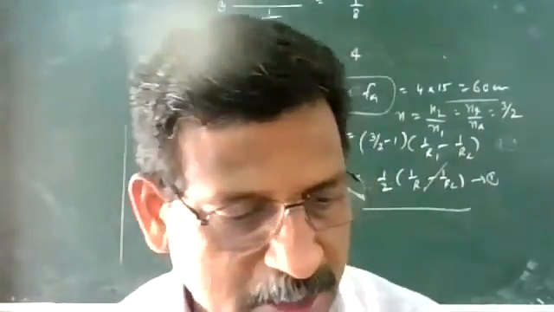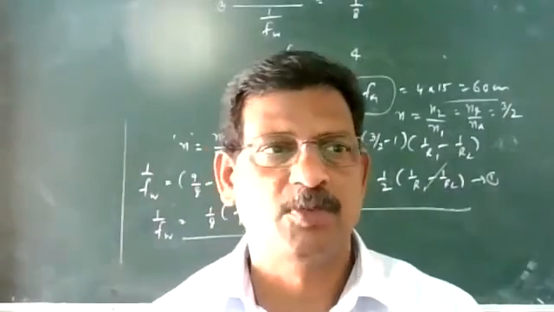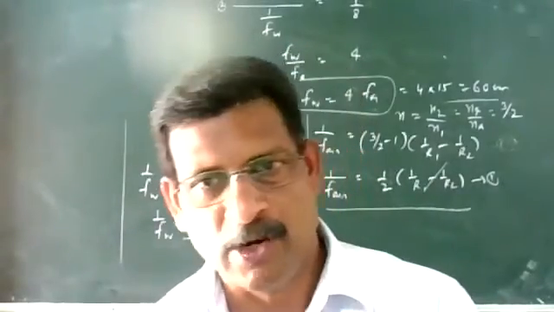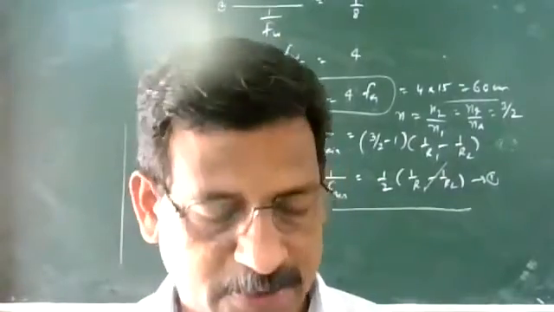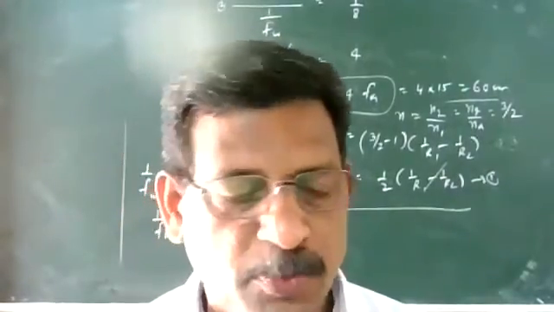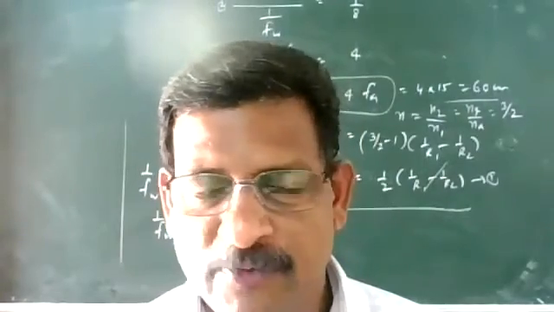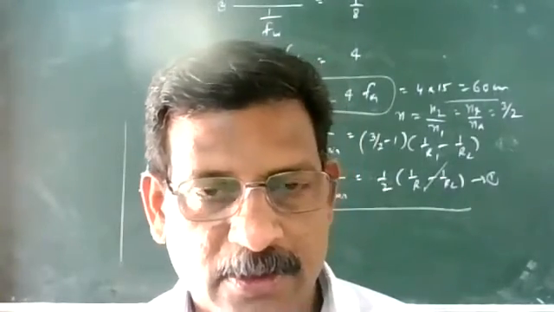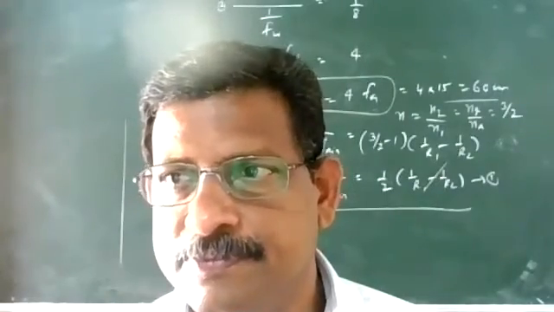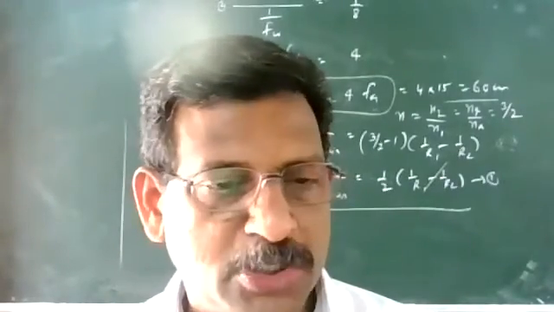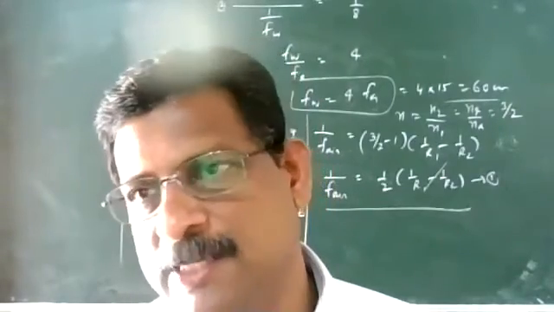So definition: there are two principal foci of a lens, one on the right side and one on the left side. How will you define the first principal focus? When the object is so situated that its image is formed at infinity, then the position of the object represents the first principal focus of the lens.